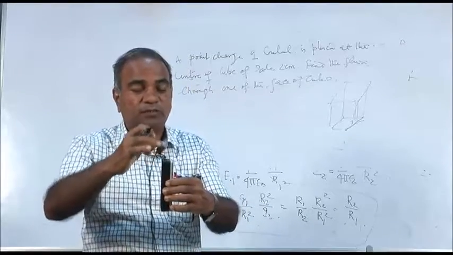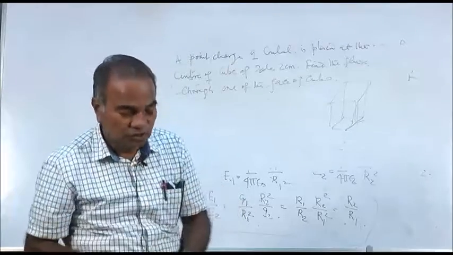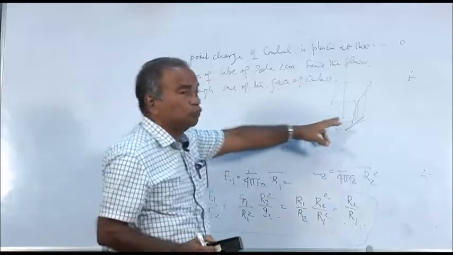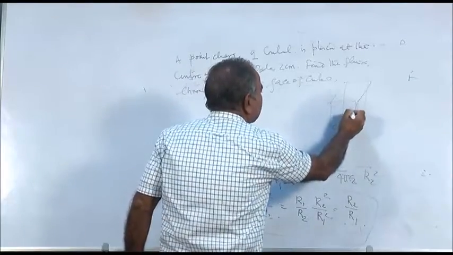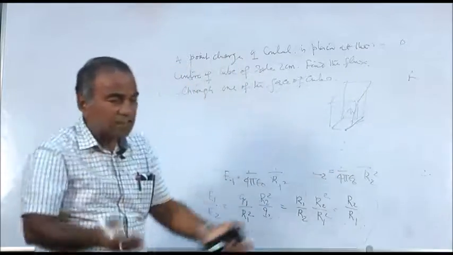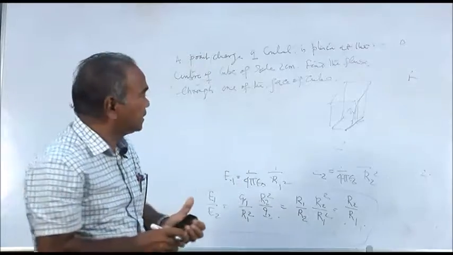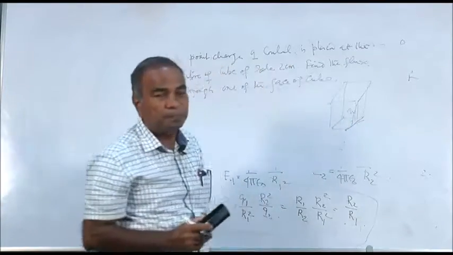So it has 6 faces: 1, 2, 3, 4, 5, and 6. The charge is enclosed by the cube, at its center, so the cube covers the whole charge. That means this cube acts as a Gaussian surface for the problem.